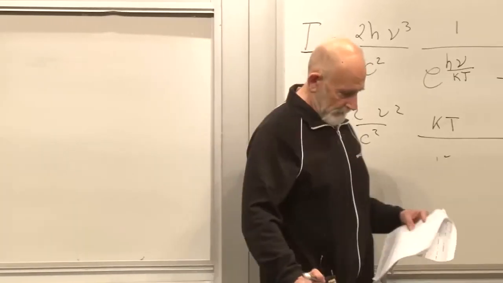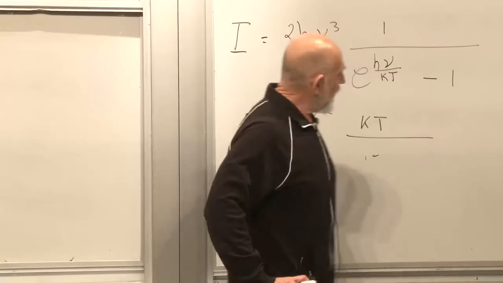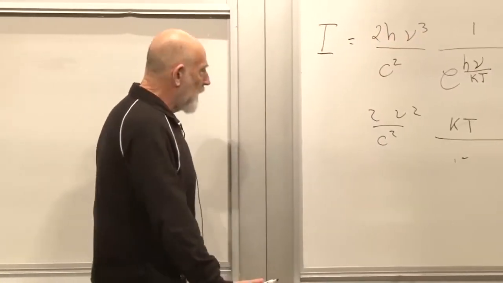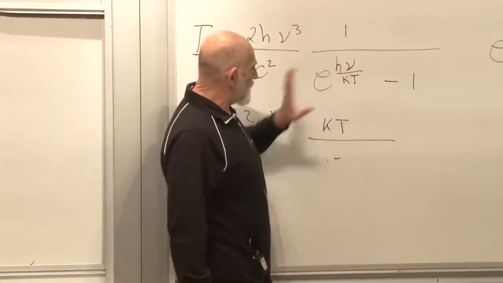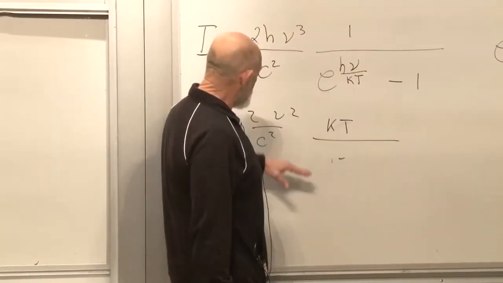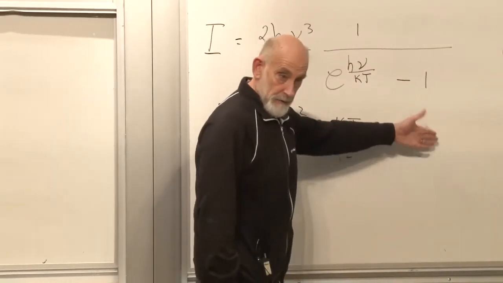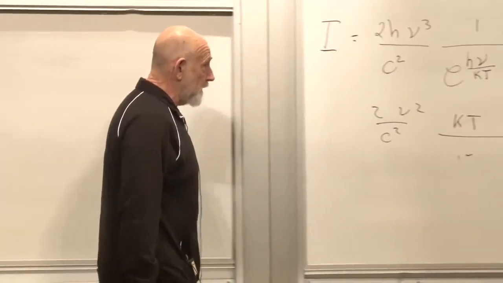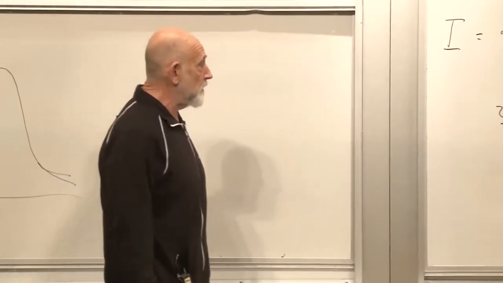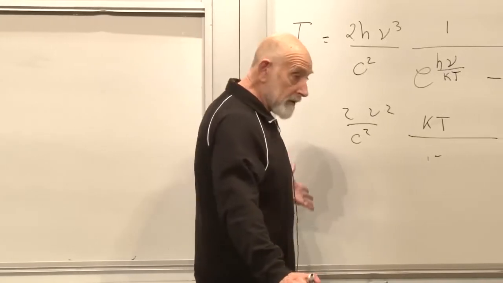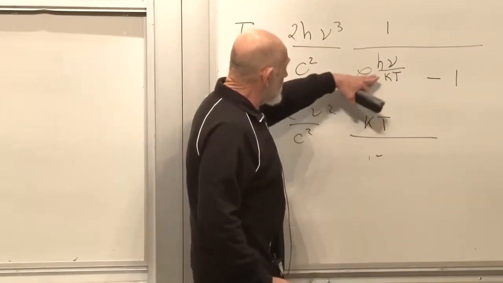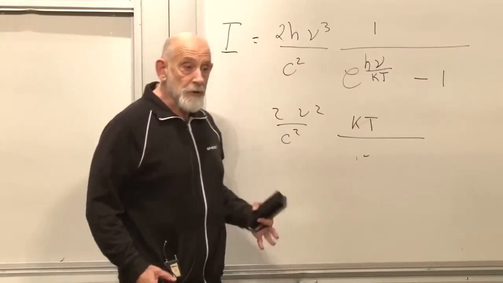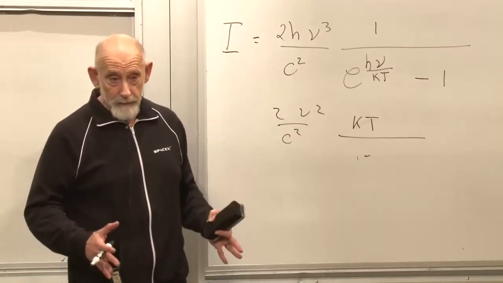Now the point, of course, is that this becomes important when nu gets large. For small nu, the formula as written by the classical physicists of the 19th century, Rayleigh, Jeans, and other people, was correct. But as nu starts getting large, what happens to the exponential here? The exponential starts to get very big.